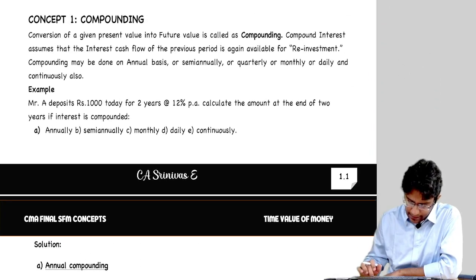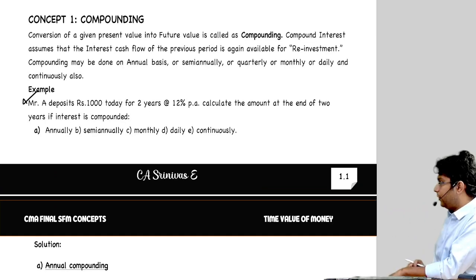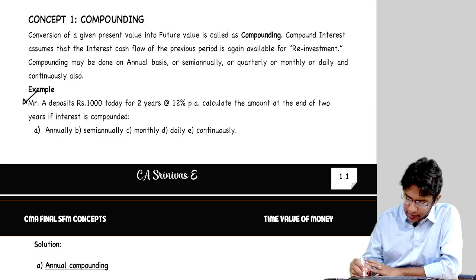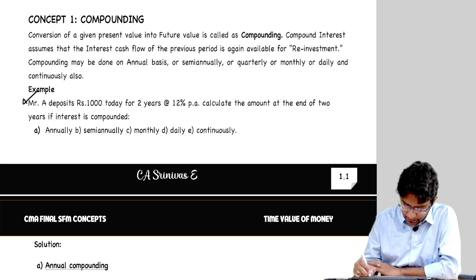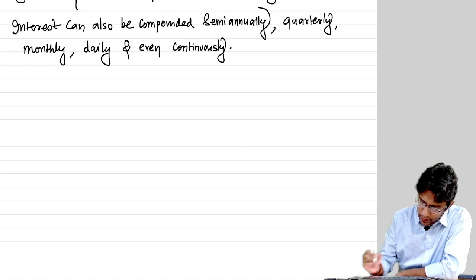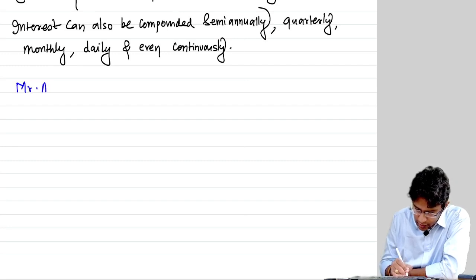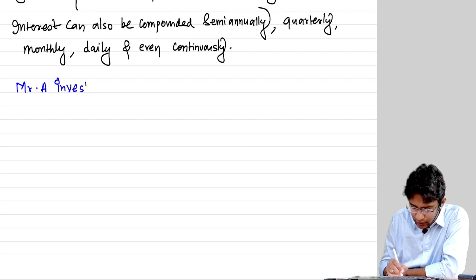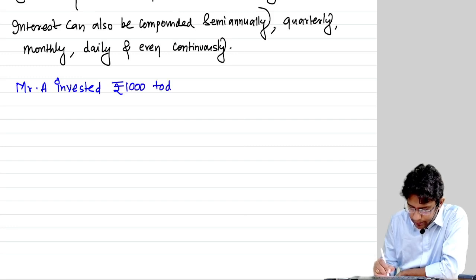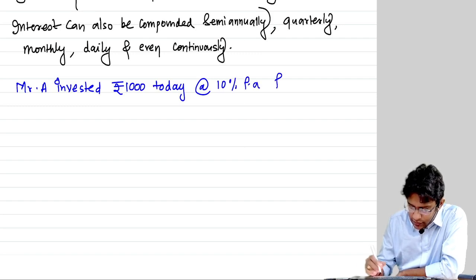I have given a small example here. The example I will solve now. If you can write, otherwise watch this. It's better if you write. Sir, this fellow Mr. A invested 1000 rupees today at the rate of 12% per annum for 2 years.